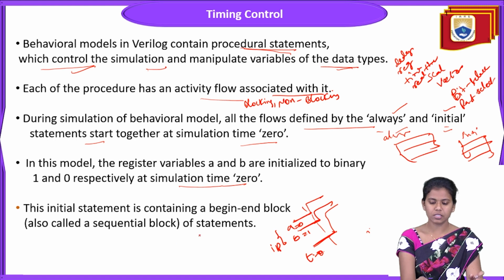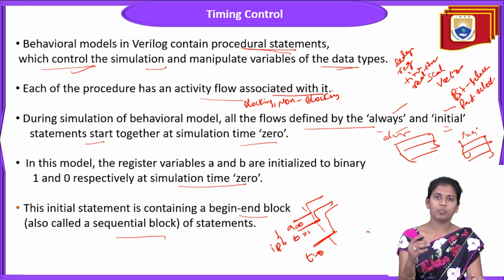The initial statement contains a begin-end block, also called a sequential block of statements. All the initialization of the inputs as well as the outputs, all the statements, we will be writing only between the begin and end block. That means, after begin, all the initialization, a equals 1, b equals 0, and then we end.